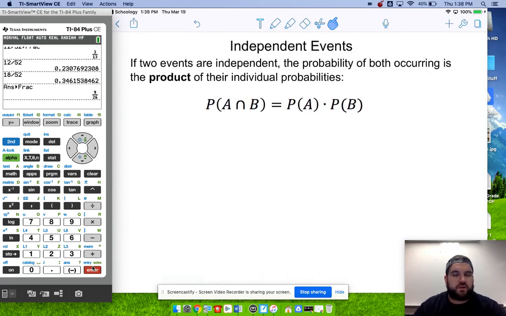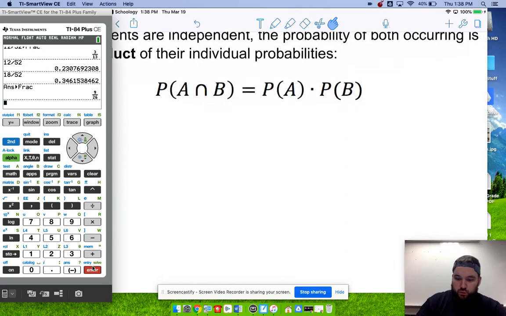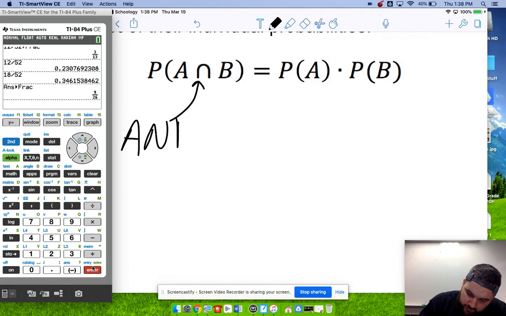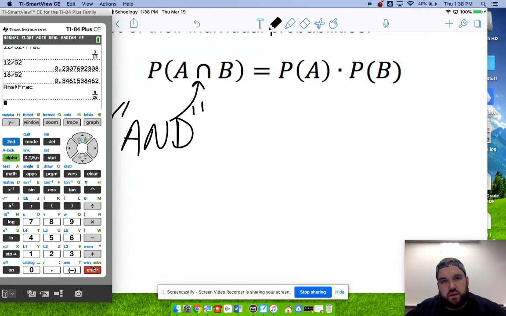There's a formula that goes along with this that says if two events are independent, the probability of both of them occurring is simply the product, or the multiplication, of their individual probabilities. So a couple things going on here. First of all, this symbol in probability is called the intersection, but for our purposes, you can think of that upside down U looking thing as the word "and."